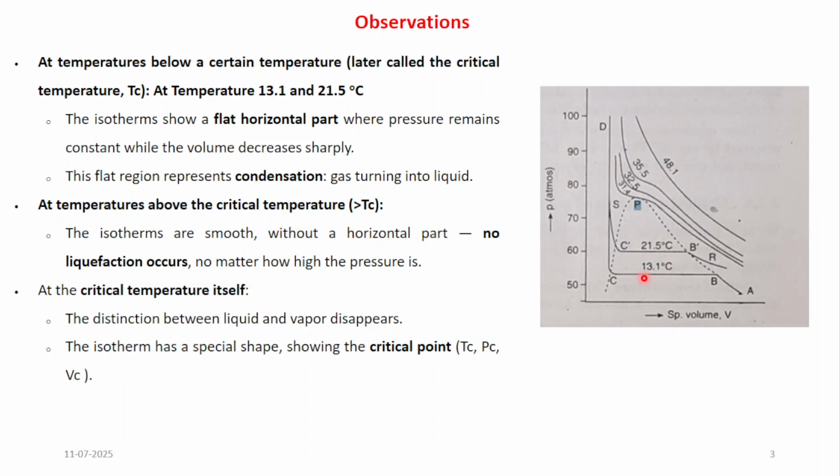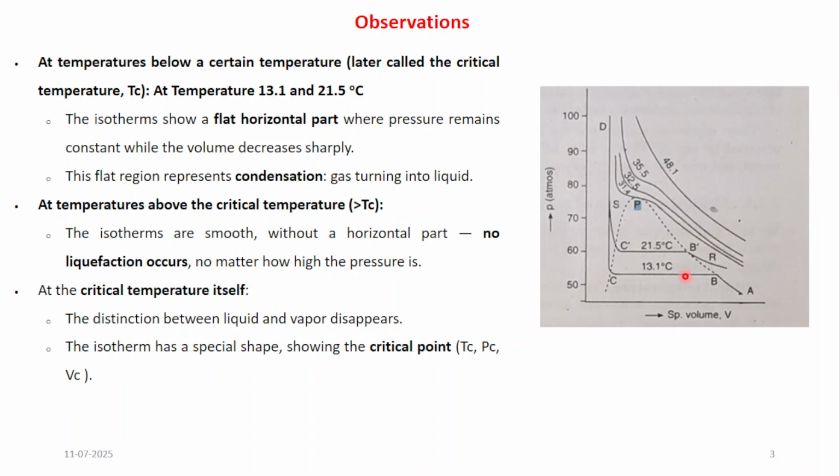Now at 13.1 degrees Celsius, you can see when you increase the pressure, suddenly volume decreases. There's a sharp decrease in volume, then not much decrease, it remains constant. Because once the gas is converted to liquid, you may apply higher pressure, but liquid compression is not that easy.